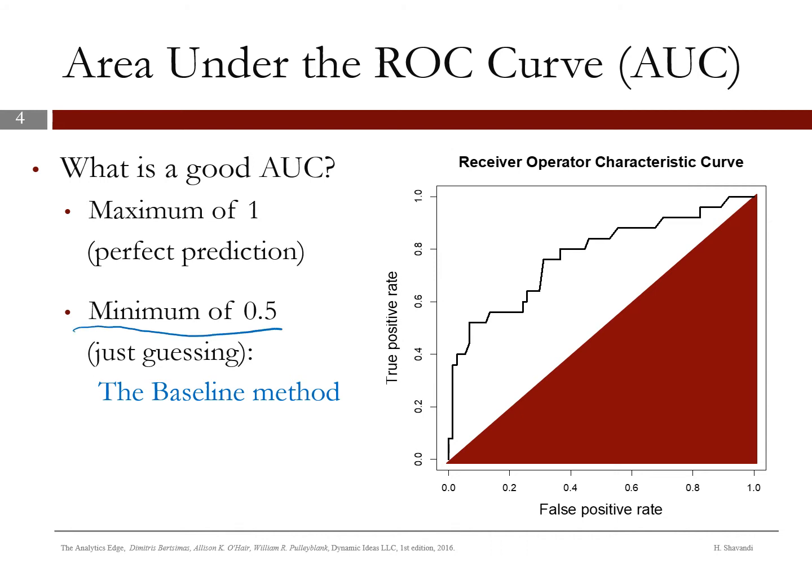We can say the baseline method here would be just random guessing, so the AUC would be 0.5. So the AUC of our model's ROC curve should be a number between 0.5 and 1. Based on that, we'll see how our model is performing against the baseline method.